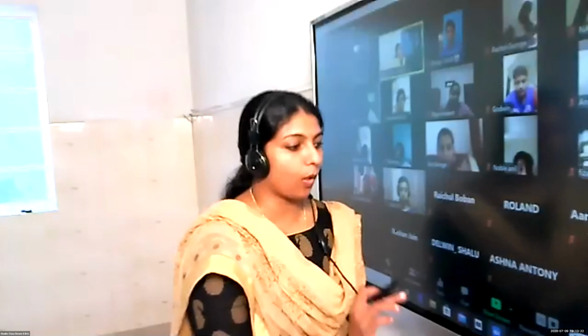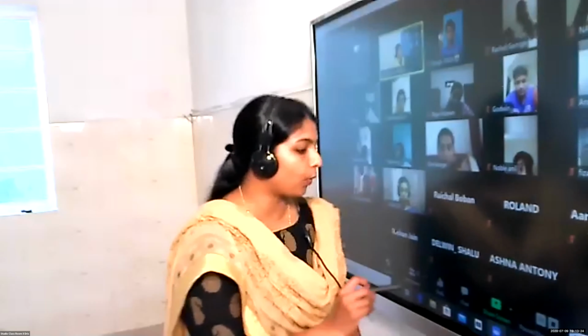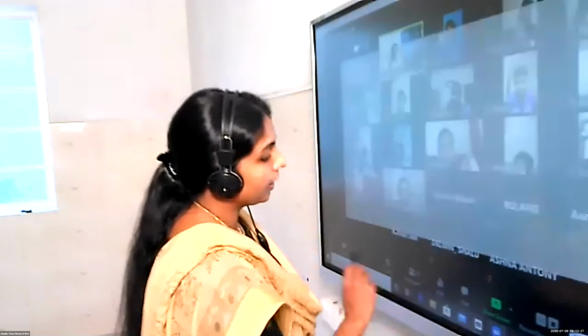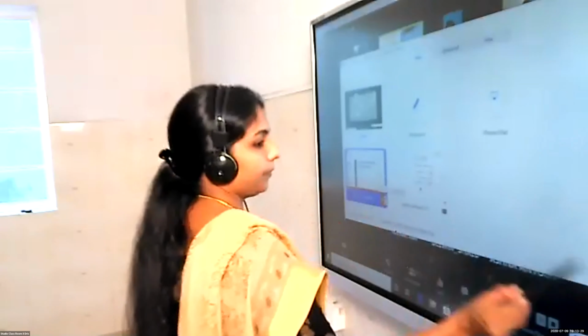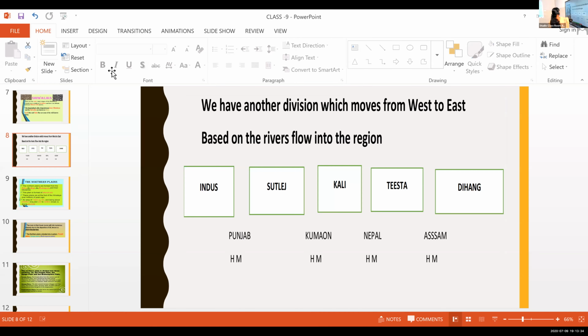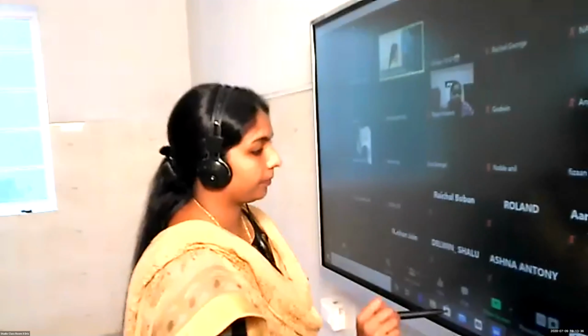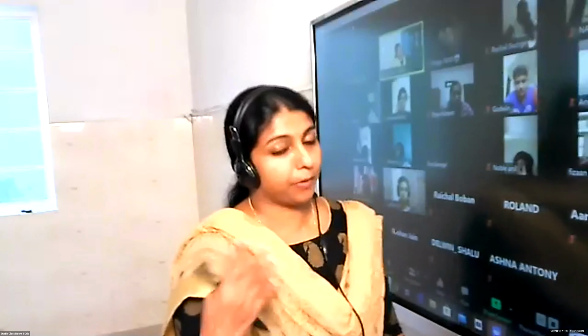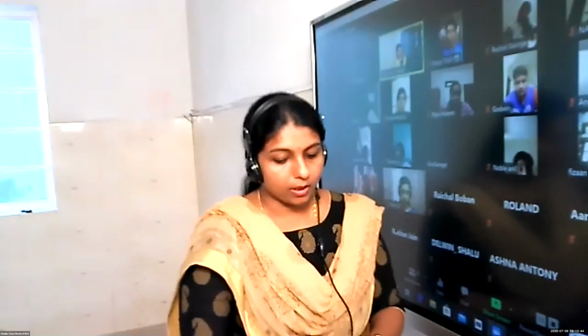Then next, beyond the river Brahmaputra, we have one more mountain range. It is called Purvachal. Have you heard this name, Purvachal? Purvachal is mainly composed of rocks and stones, sedimentary rocks.